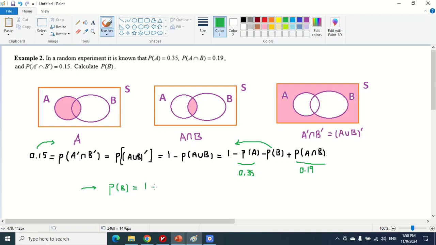So we have 1 minus the probability of A, which is 0.35, plus 0.19, and the 0.15 shifted to the right side, so we have minus 0.15.